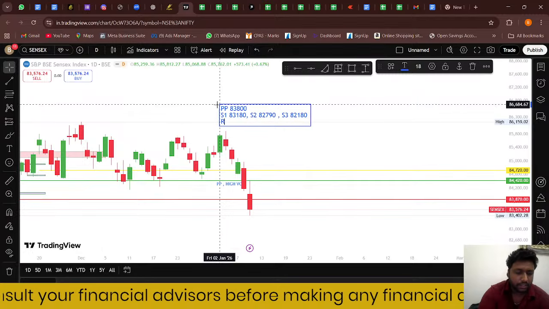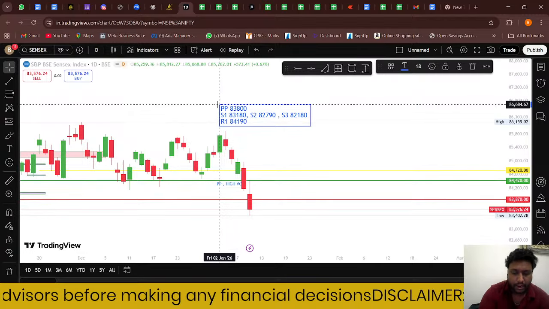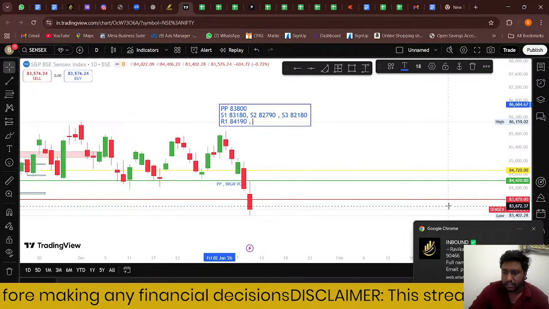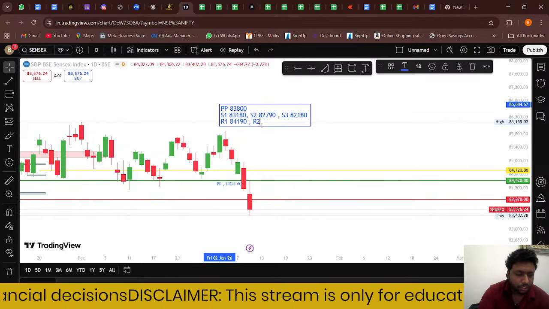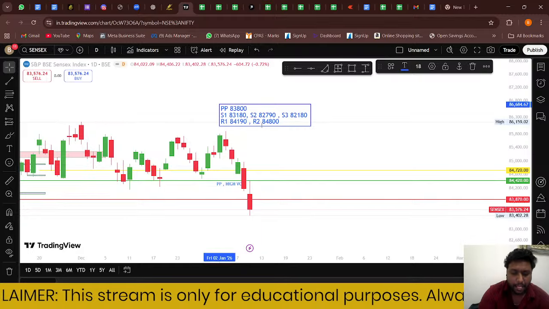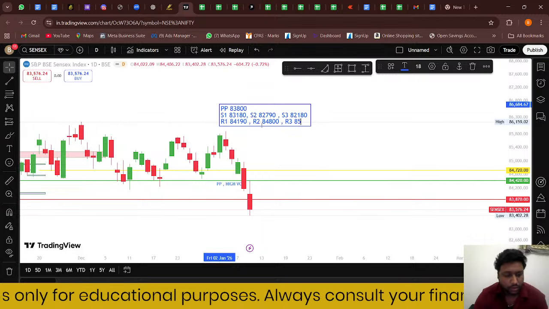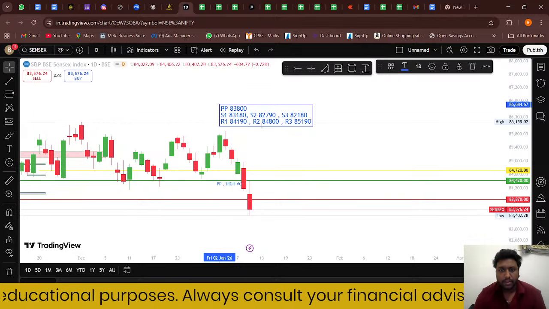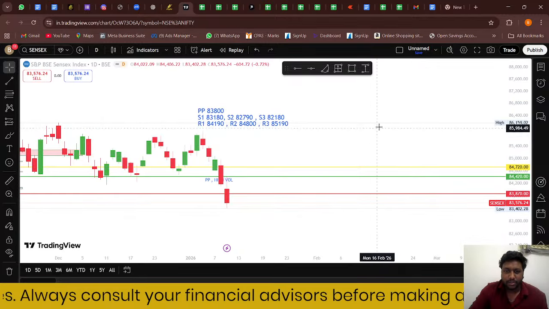On the resistance side, resistance 1 is at 84,190, resistance 2 is at 84,800, and resistance 3 is at 85,190. We are getting 190 two or three times now.